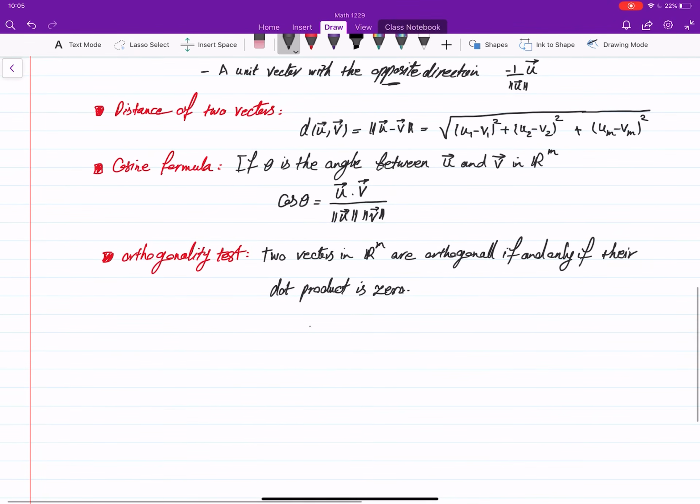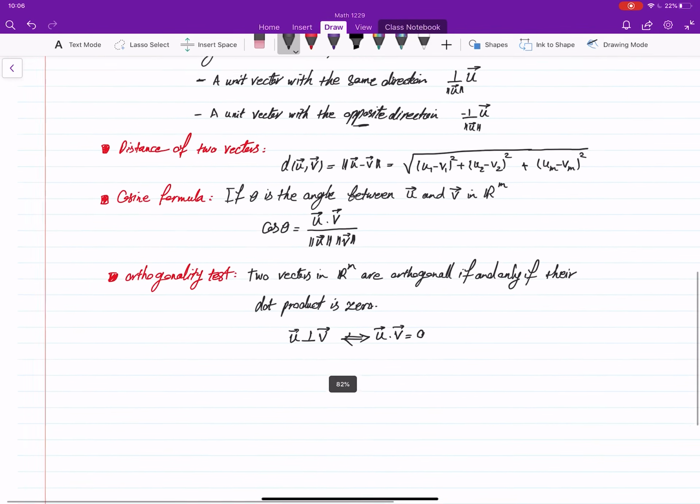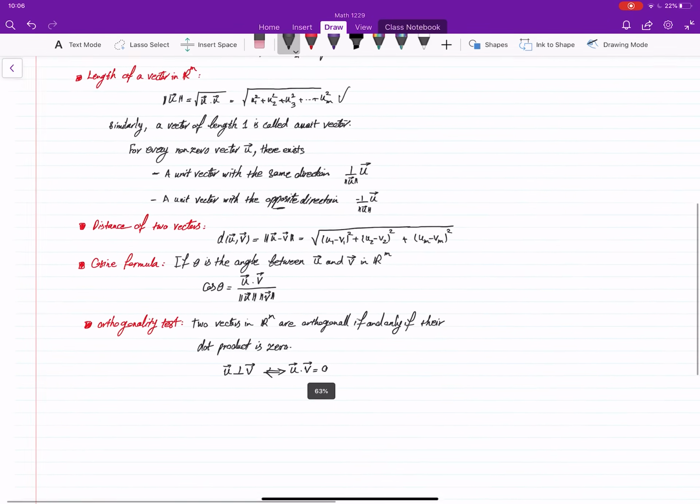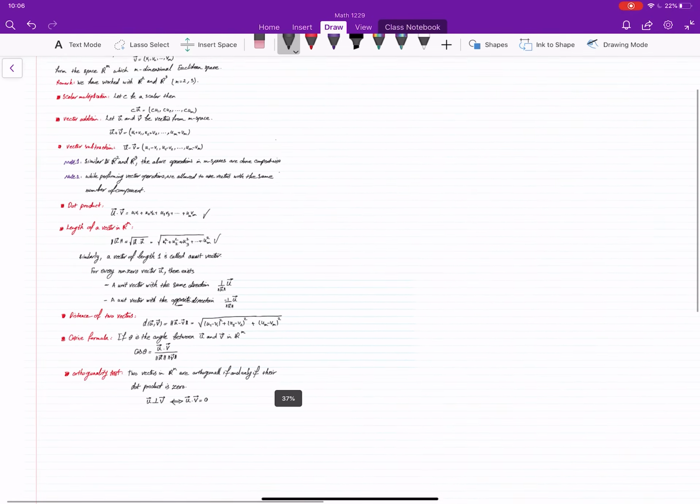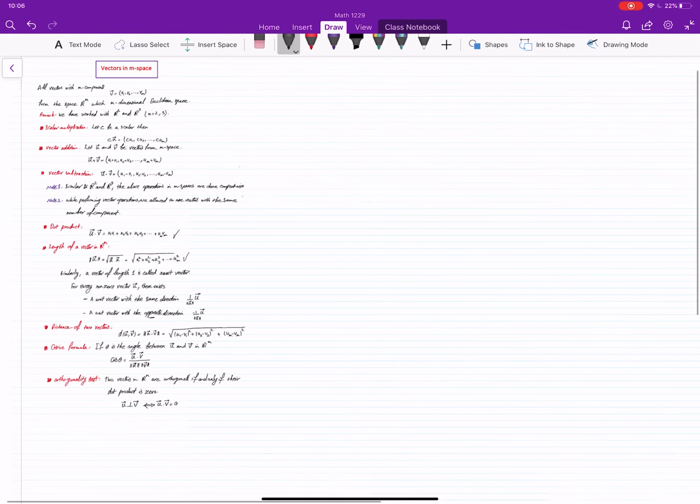In other words, u is perpendicular to v if and only if u dot v is equal to the number 0. As you see, everything is similar to what we had in 2 and 3 dimensions, but with one difference: instead of working with 2 or 3 components, we are now working with M components.